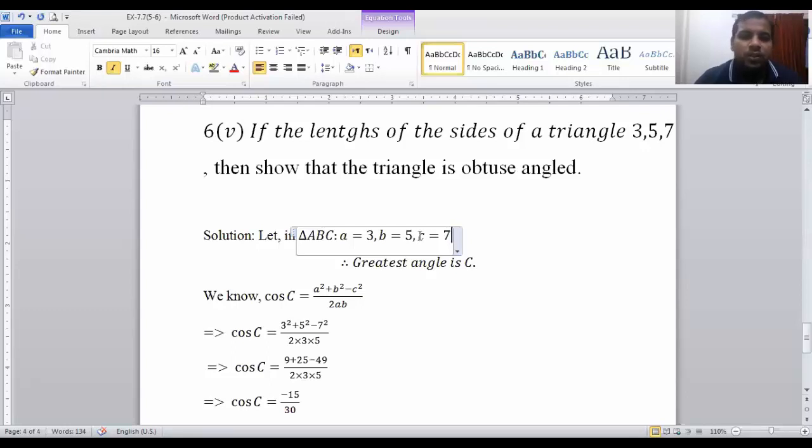So this one is the greatest side of the triangle. So the angle opposite of side c, the greatest angle, is capital C.